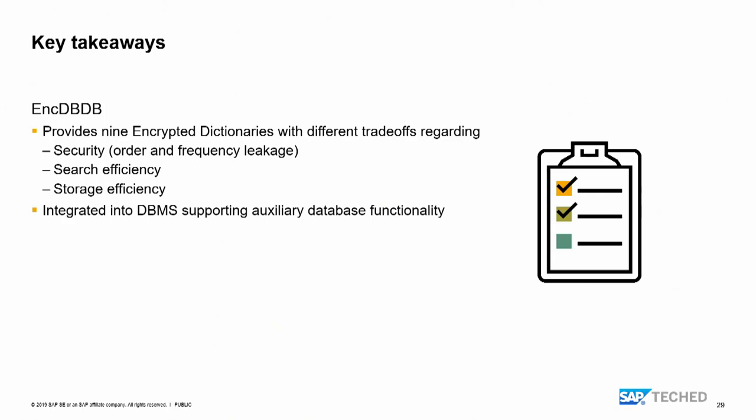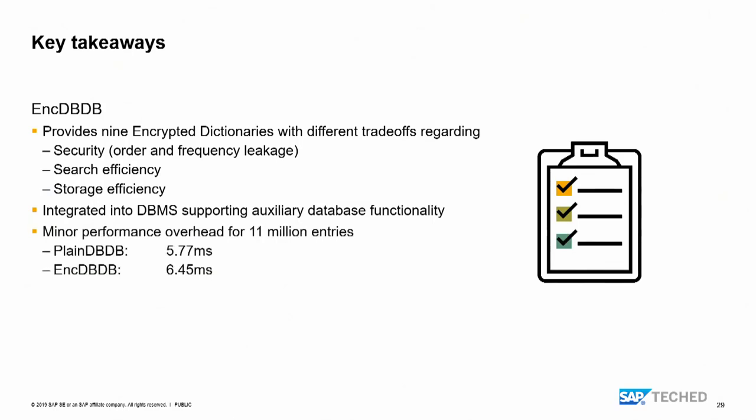That's it. And third, we only have a minor performance overhead for our column with 11 million values. It's 5.77 milliseconds against 6.45. It's not free, but it's almost free, I would say. It's no security against encryption.